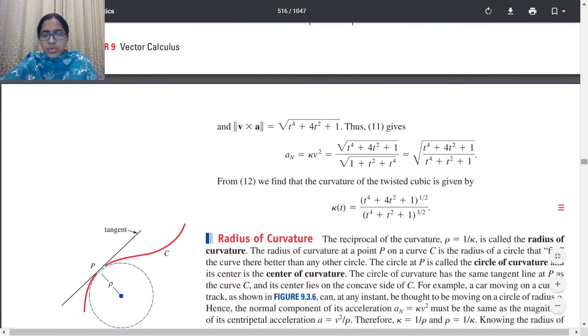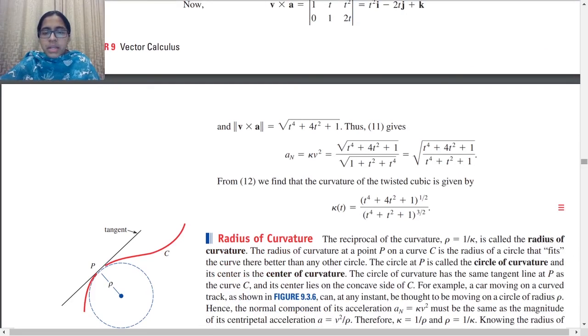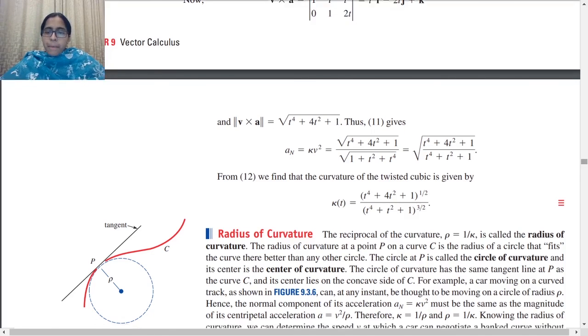And the curvature will be root of t raised to 4 plus 4t square plus 1, whole divided by the root of t raised to 4 plus t square plus 1 whole cube. This concept is just a direct application of the formula that we did. Once we know r of t, we can find r dash and r double dash, and using this we can find the tangential component of acceleration, the normal component, and the curvature.